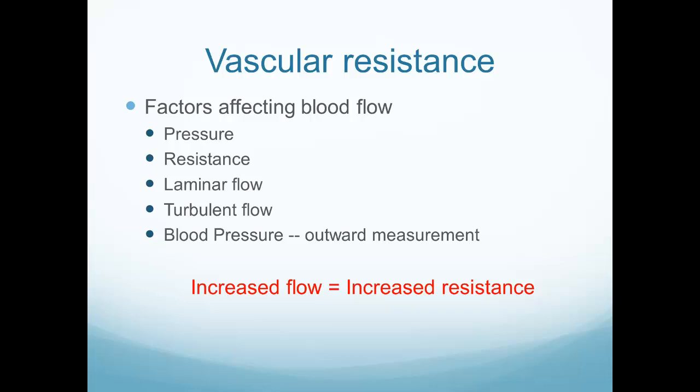One is laminar flow, and the other is turbulent flow. Laminar flow is normal flow through a vessel, through a tube. Turbulent flow occurs when we have some kind of partial obstruction to that vessel, and it starts making the blood move in a turbulent manner rather than just nice and neatly down the river.